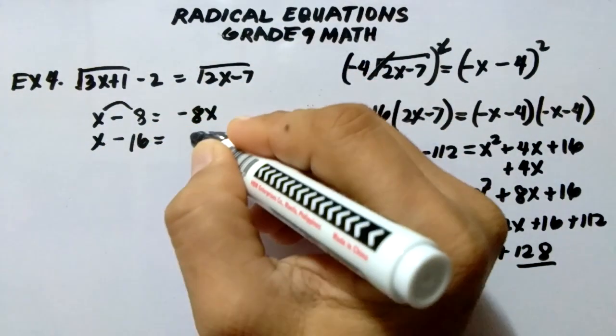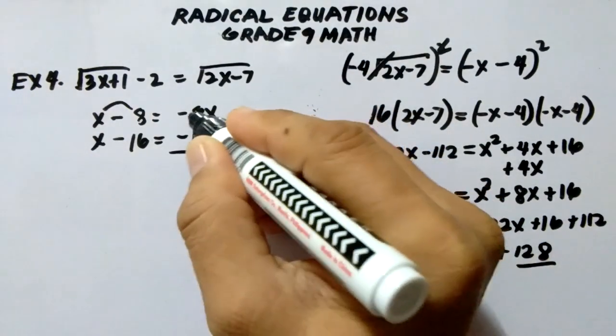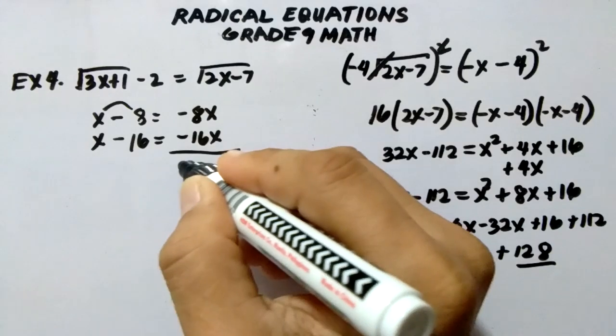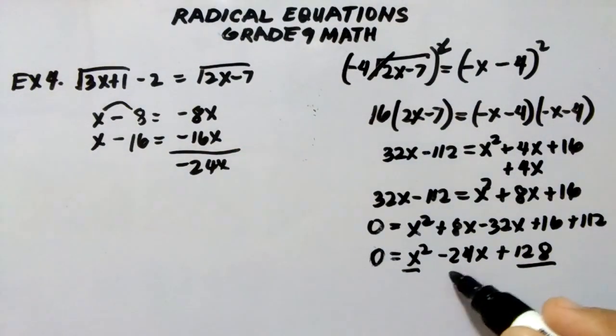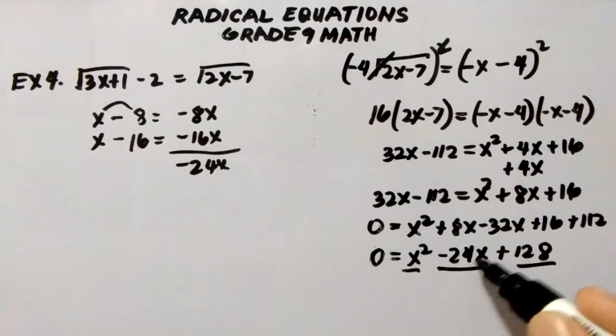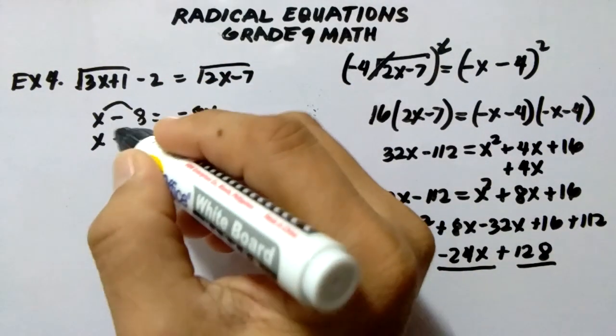Then, x times negative 16, that is negative 16x. Then, i-add po natin, negative 8 plus negative 16, that is negative 24x. So, nakuha po natin yung nasa middle term na negative 24x. So, ito po ang factors na hinahanap natin.